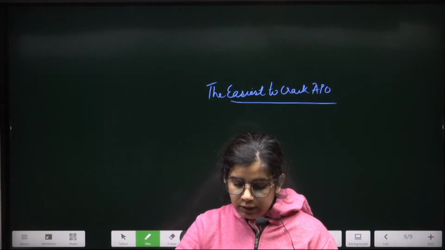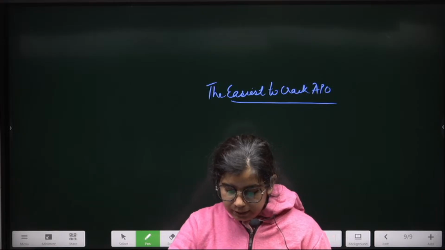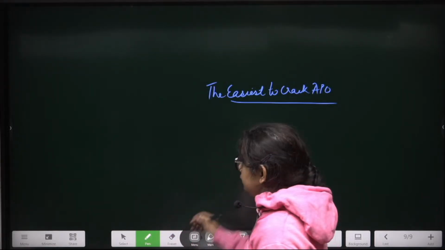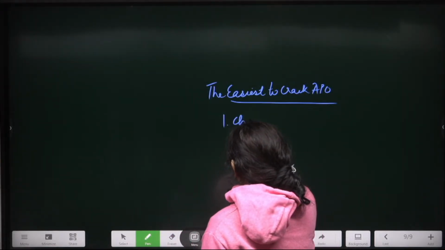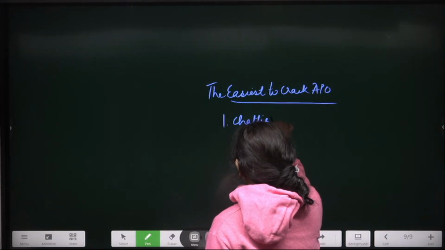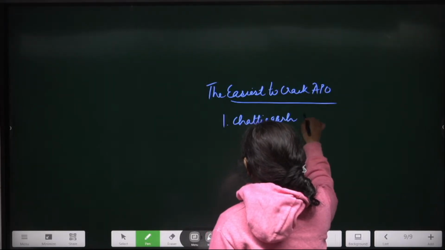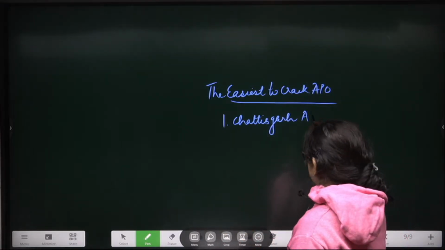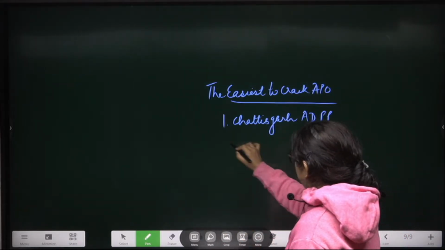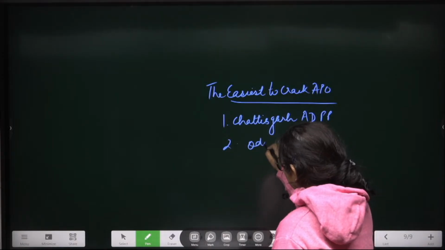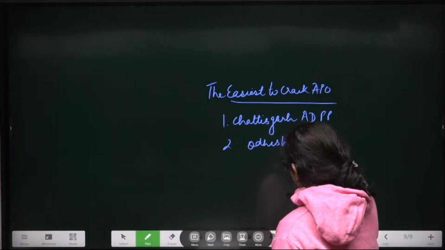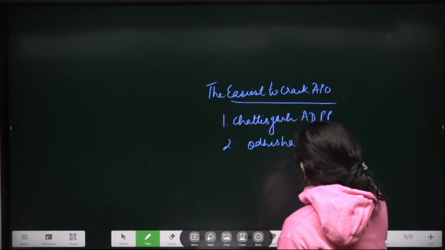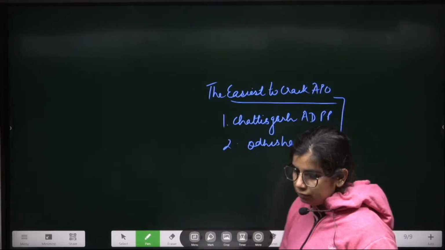One is your Chhattisgarh ADPP, and second is your Odisha APP. These are the easiest to crack.